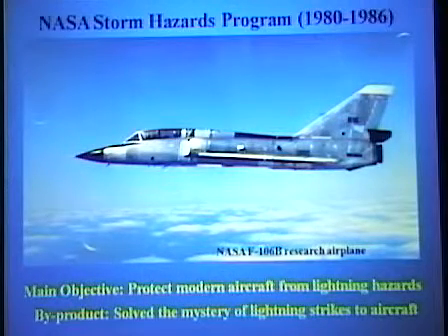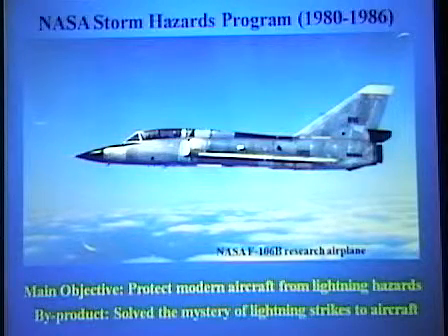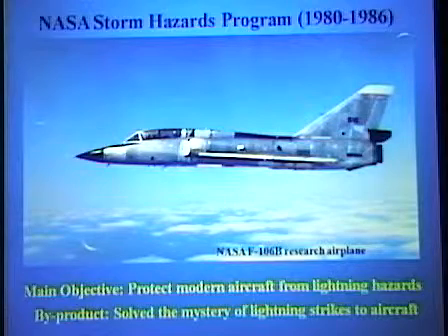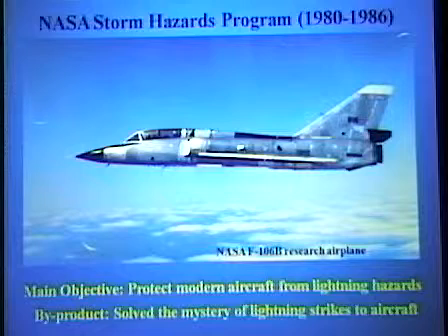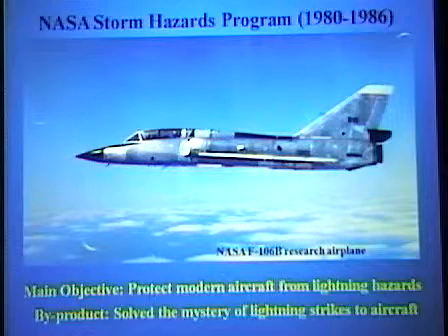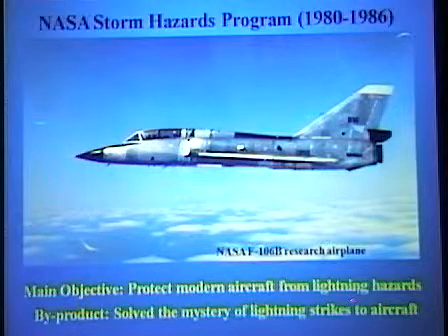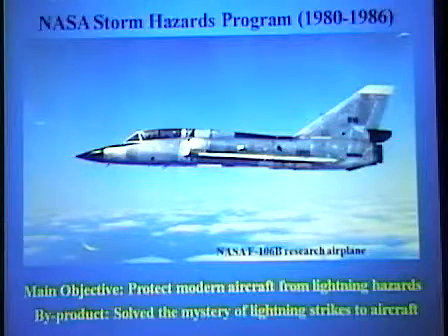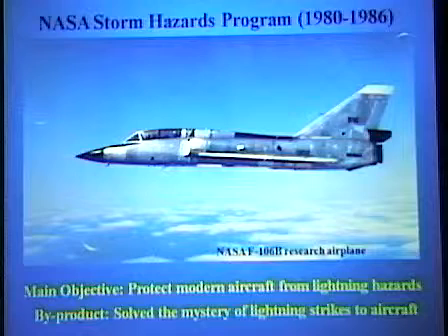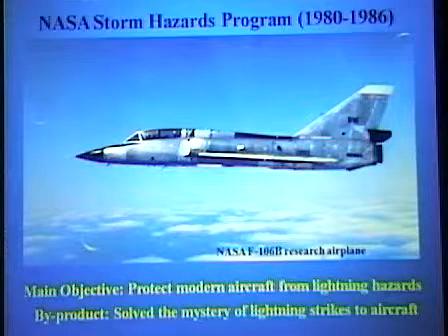In the 1980s, NASA decided to start a program addressing the very important issue of aircraft safety, because contemporary aircraft use not only metal but also a lot of parts made of composite materials.